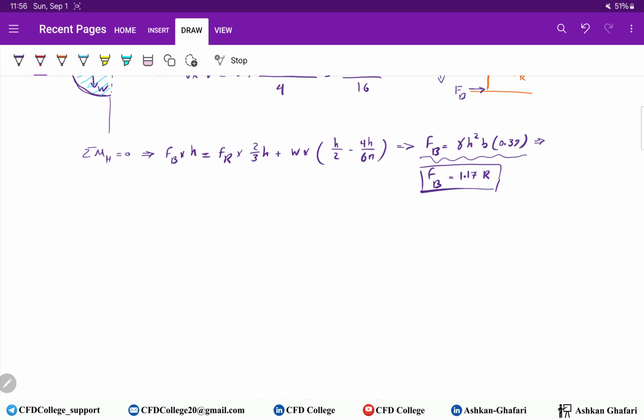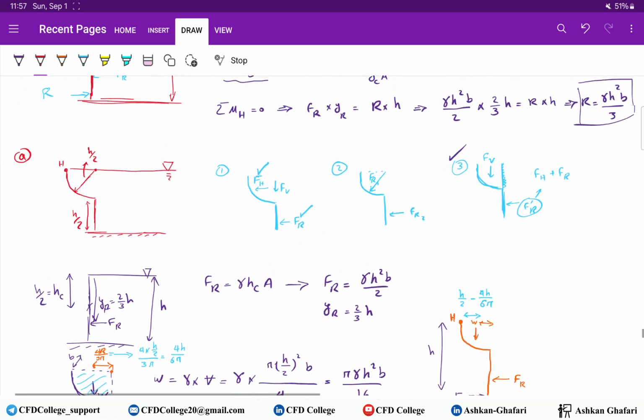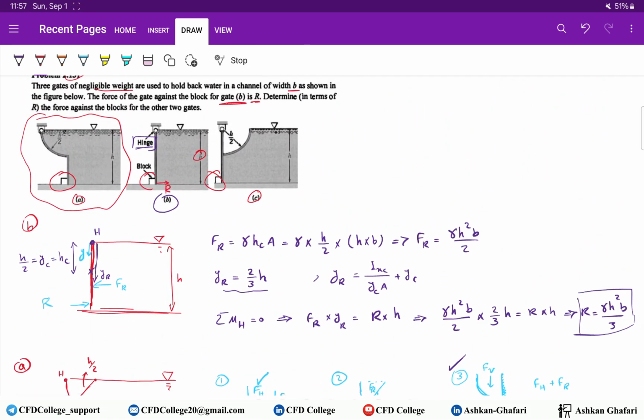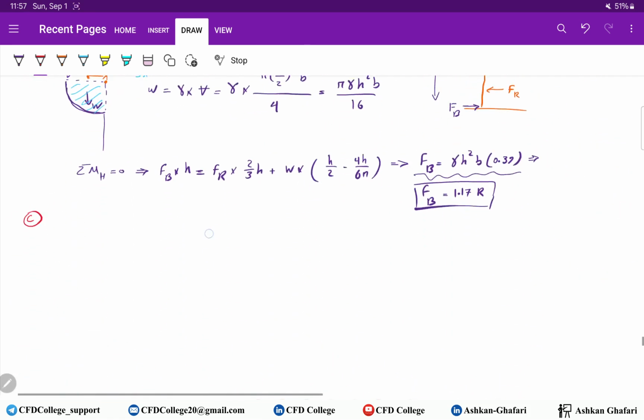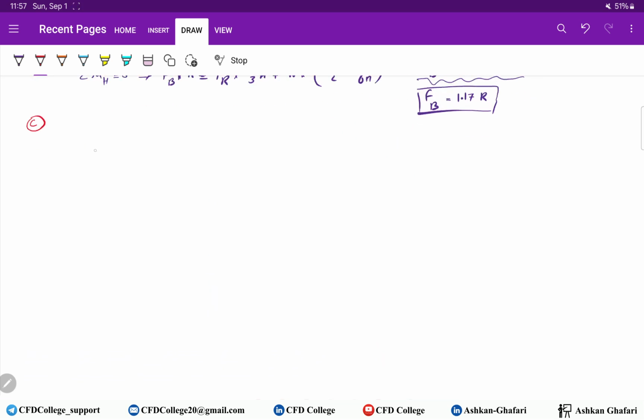And now gate C. Okay, gate C is like this. So we have this gate. This is the surface of the water. Here is the ground. This is the hinge. And we know here we have FB.